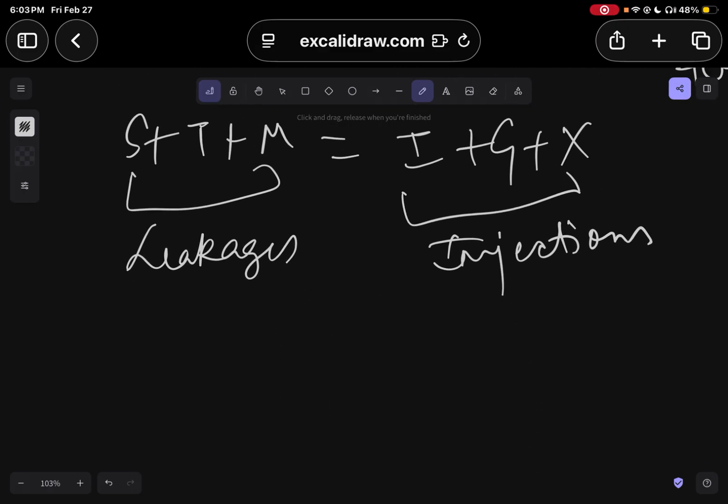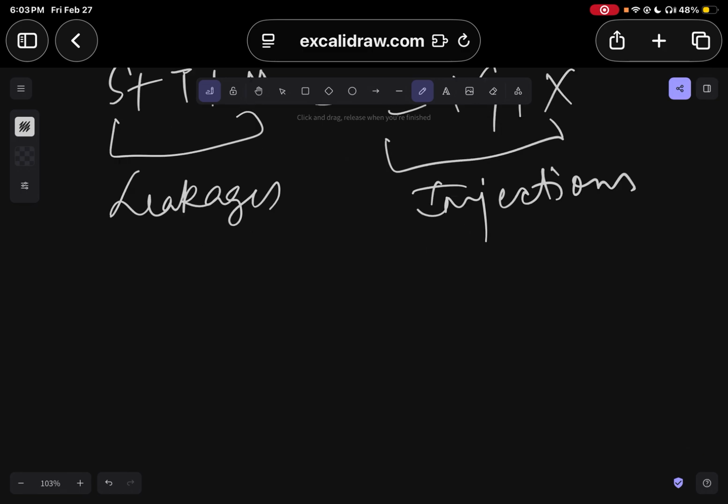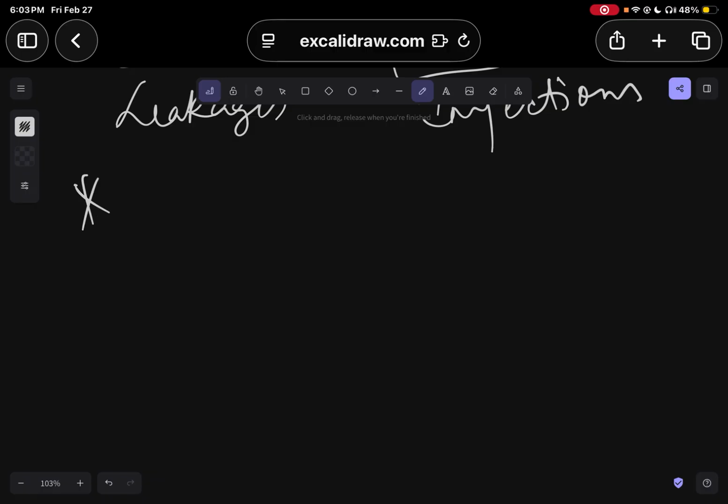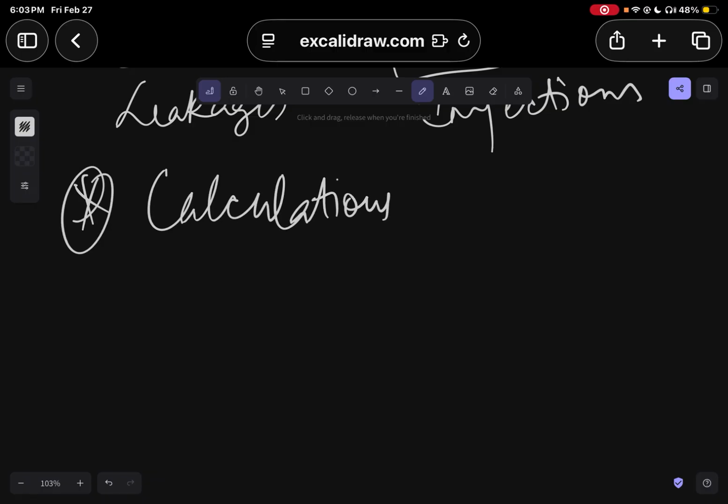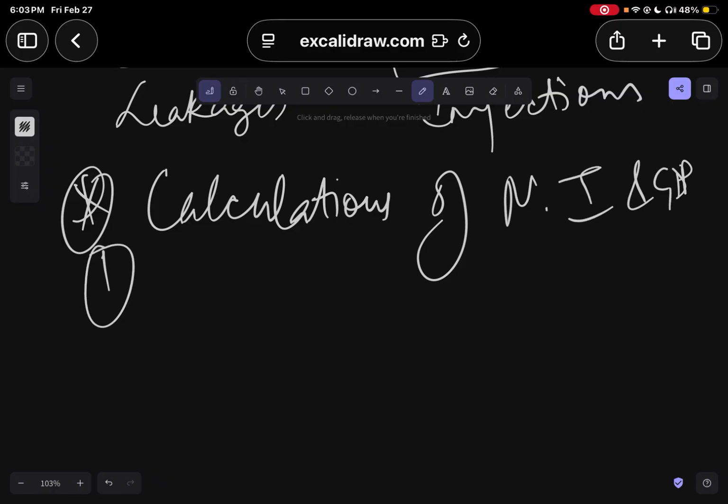So then we move on to calculation of GDP. Okay. We all know there are three ways to calculate national income and GDP. So the first is, let's talk about domestic product.